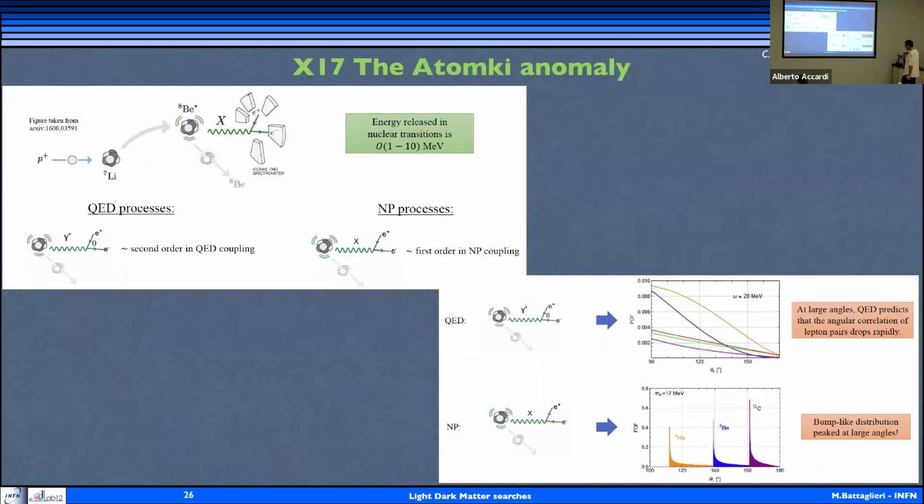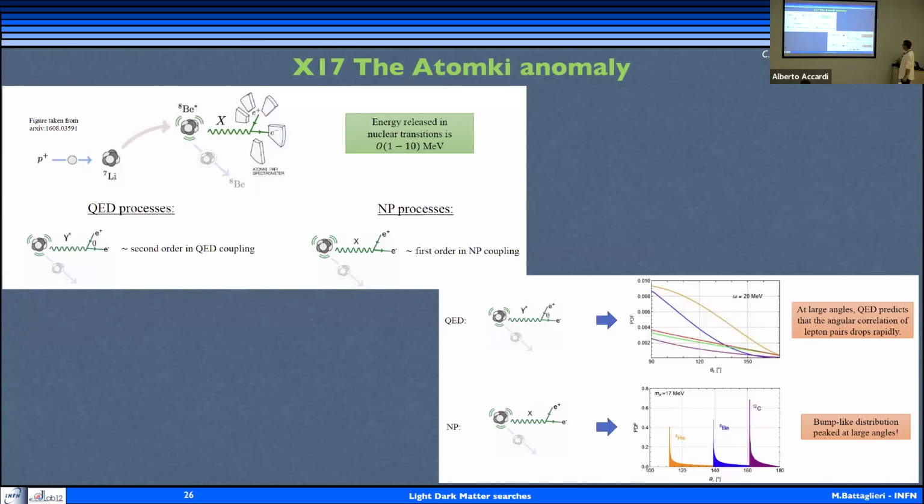And then we come to another one. I'm introducing this X17 because it's the only claim of a possible light dark matter particle produced in an experiment, and it has nothing to do with us, because it was made by the Atomic Institute in Hungary with a proton beam on a lithium nucleus.